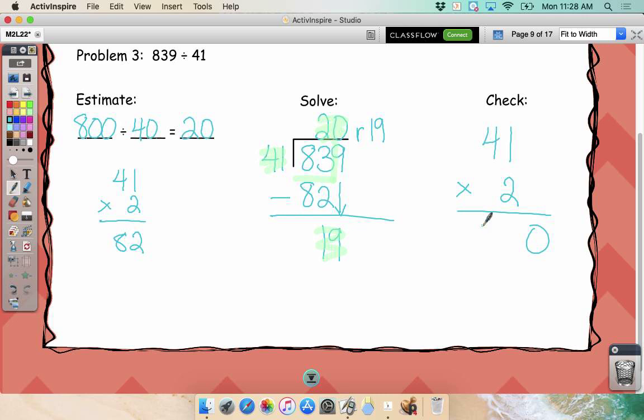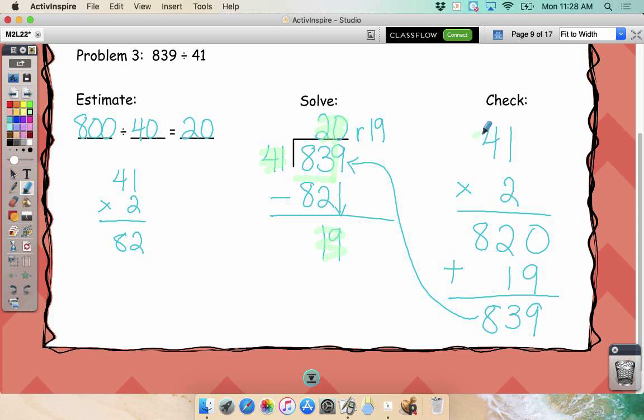What is it? 82. And all we have to do is what? Add the 19. And do I have all 3 numbers? Yeah.